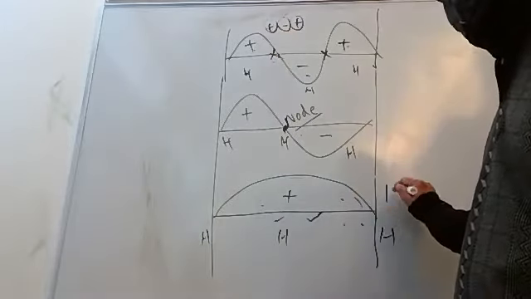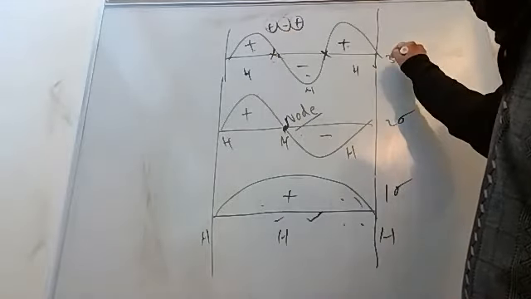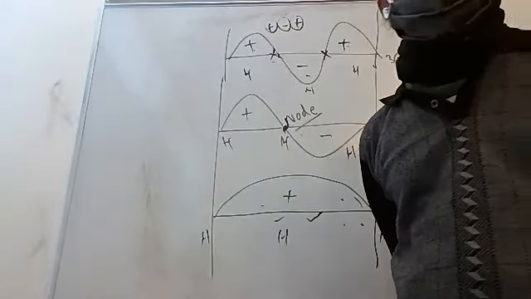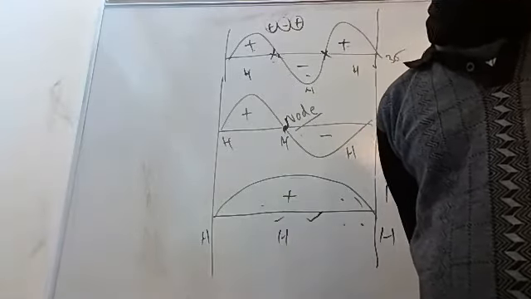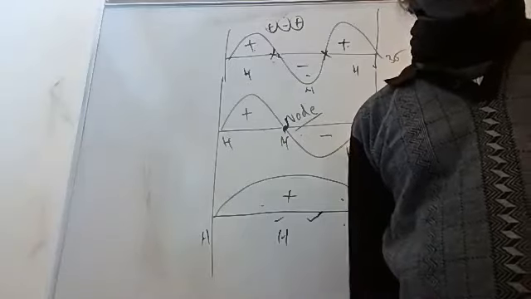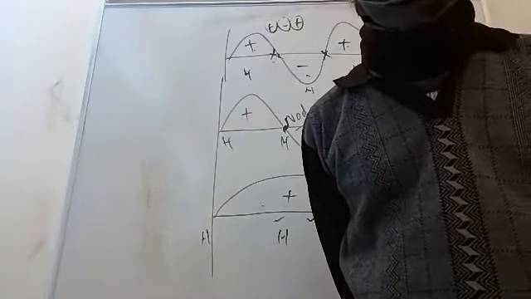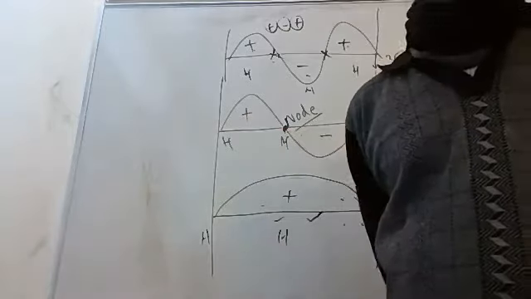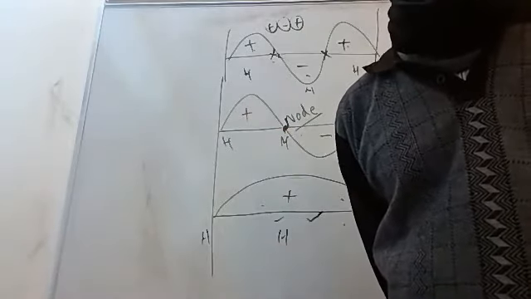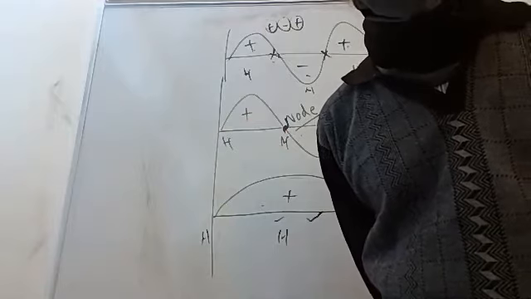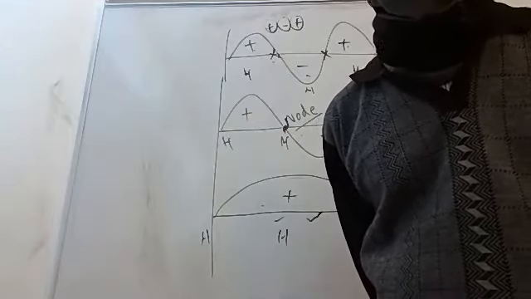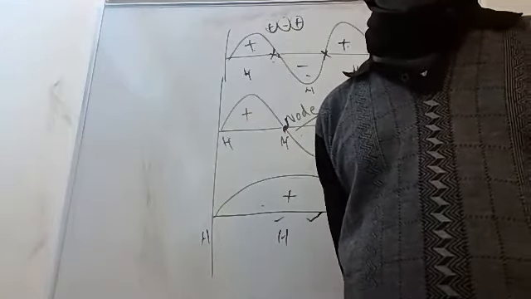So your 1 sigma, 2 sigma, and 3 sigma. Even if you were to have multiple atoms, I just put it for 3, you can use this diagram to construct different types of molecular orbitals. Am I making sense here? Questions?